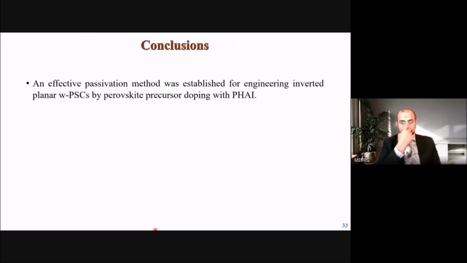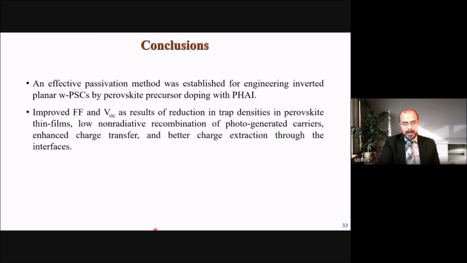In my conclusion, I summarize the work. An effective passivation method was established for engineering inverted planar wide bandgap perovskite solar cells by perovskite precursor doping with phenylhydrazine ammonium iodide. Improved fill factor and VOC are results of the reduction in trap state densities.